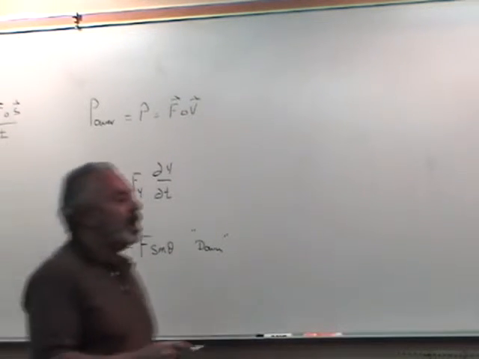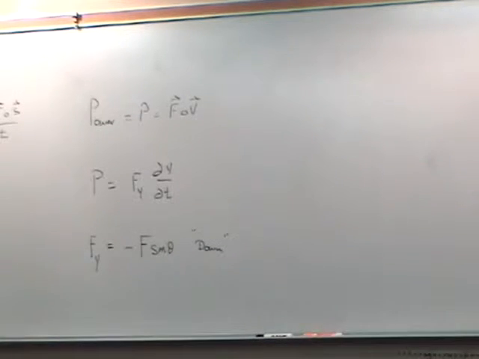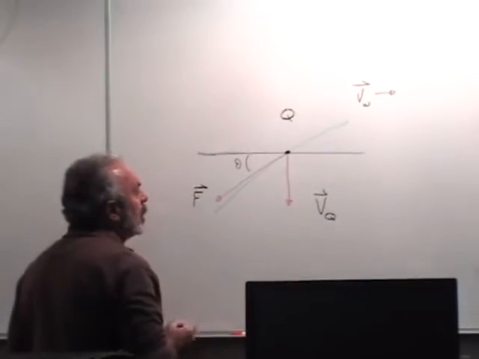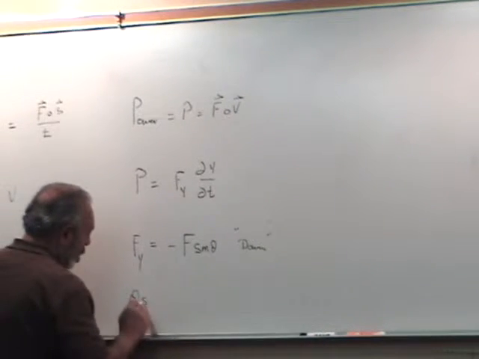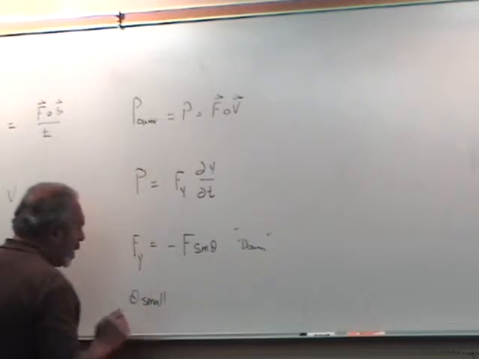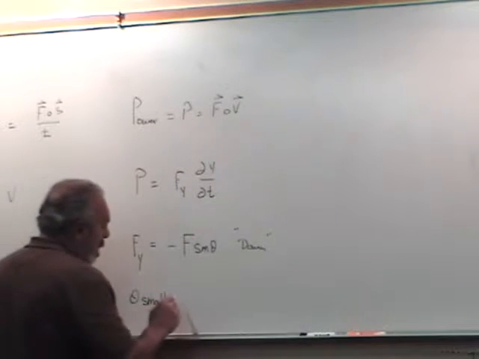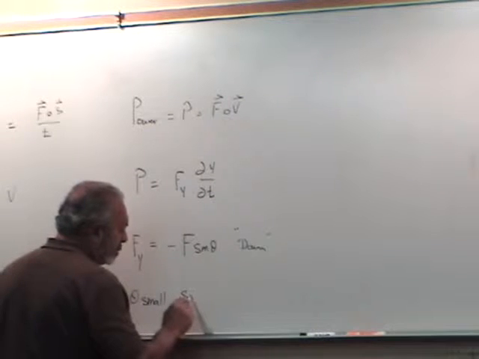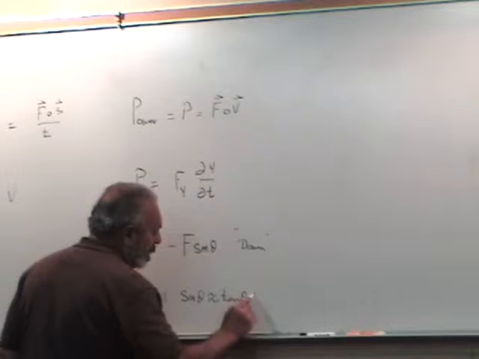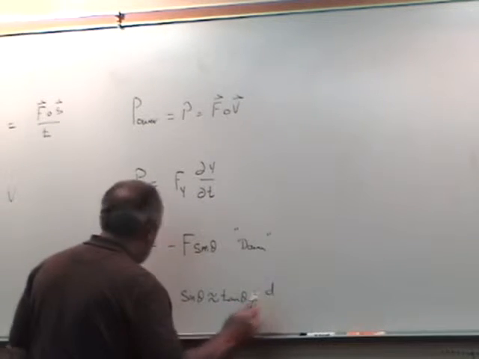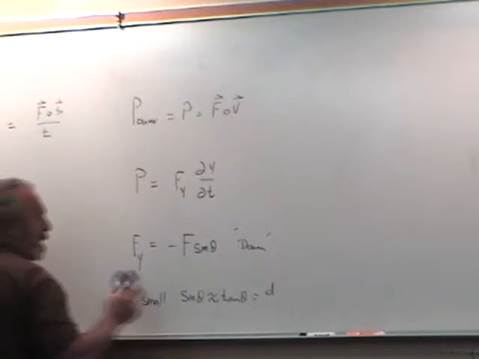Well, in this case, whenever you have a waveform moving along a string like this, we're always going to restrict it so that the wave amplitude is kind of small, therefore theta will be small. And as you recall, that makes it very handy because then sine of theta is approximately tangent theta, which is dy dx.